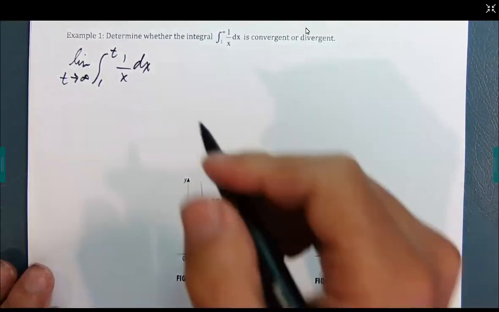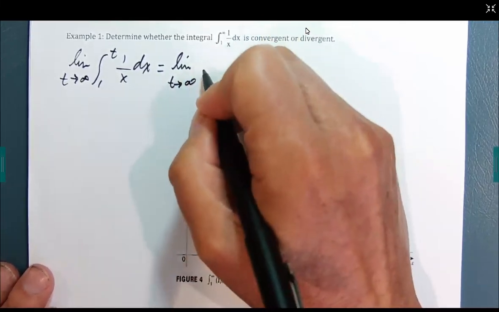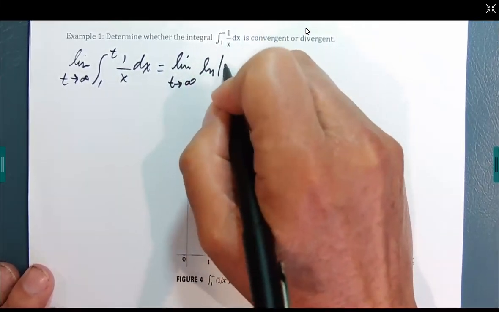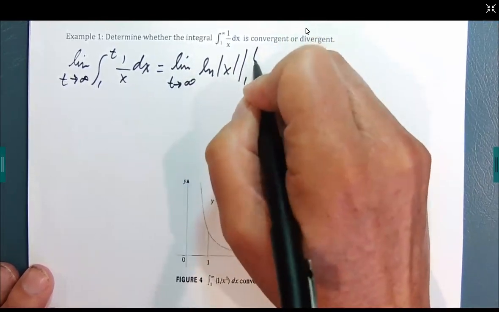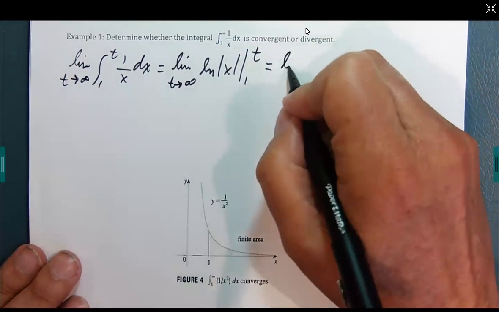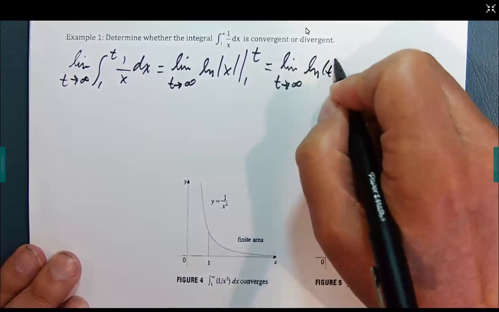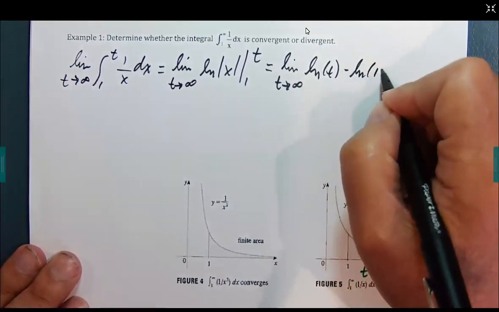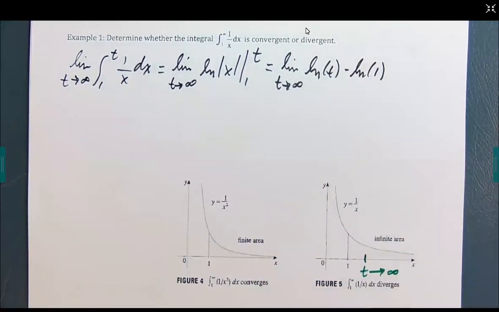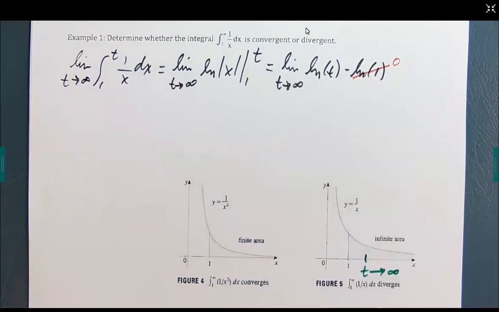So now we have a proper integral. And we don't need the absolute value anymore because 1 to infinity is all positive. As we know, the natural log of 1 is 0.